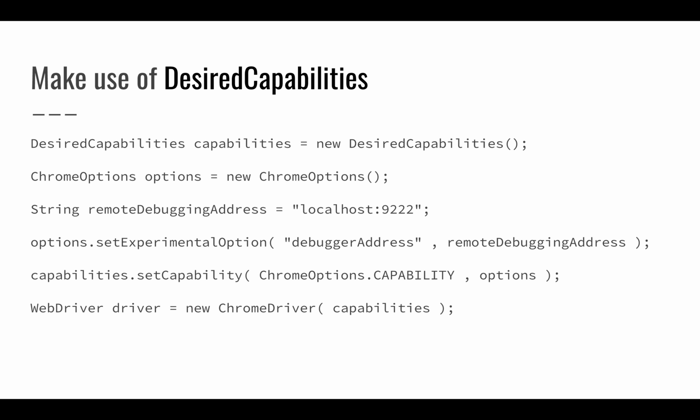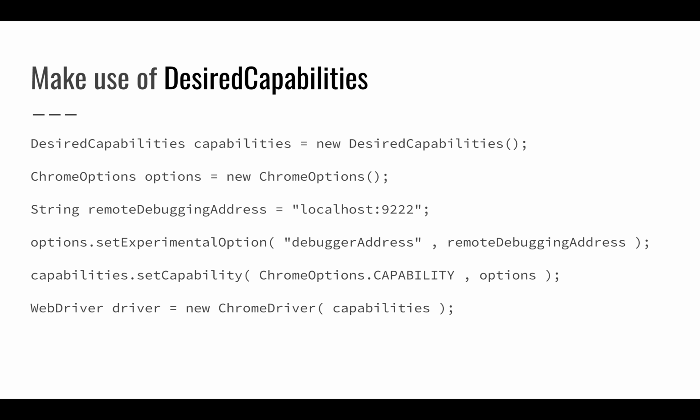To do this, we're going to make use of ChromeOptions and DesiredCapabilities. In ChromeOptions, we're going to use the method setExperimentalOption with a key-value parameter, with the key as debuggerAddress, and the value set as the IP address with the port. Once you do this and start ChromeDriver with these capabilities, you can start communicating with your Electron.